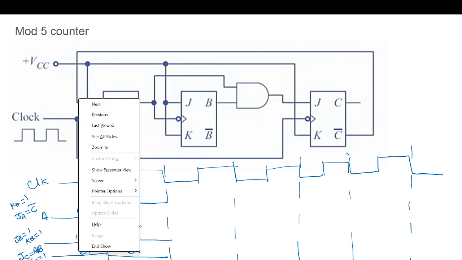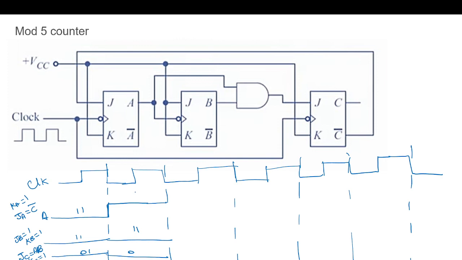So here also 0, 1 again. 1, 1, 1. So this is toggle. 1, 1 means this also toggle. 0, 1, reset. Next 1, 1, 1, 1. So toggle. This has the clock from A. So this is 1, 1.